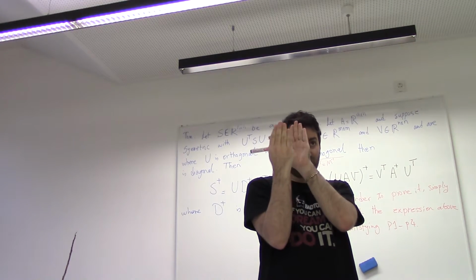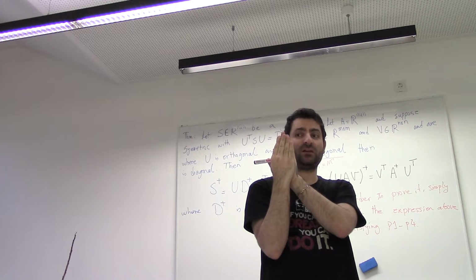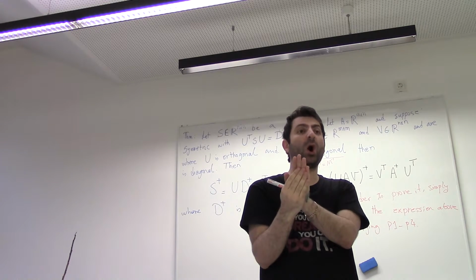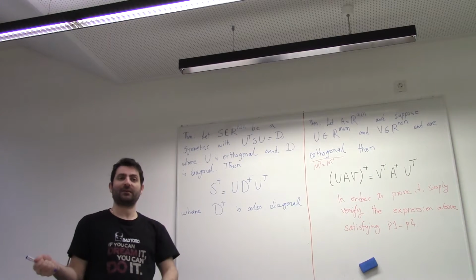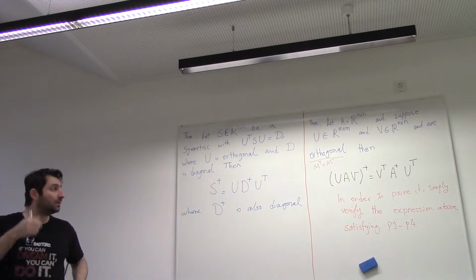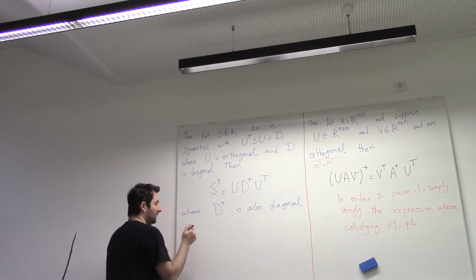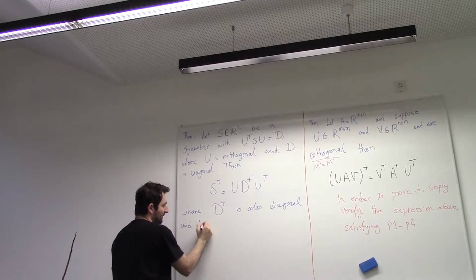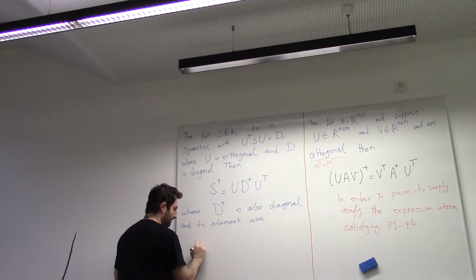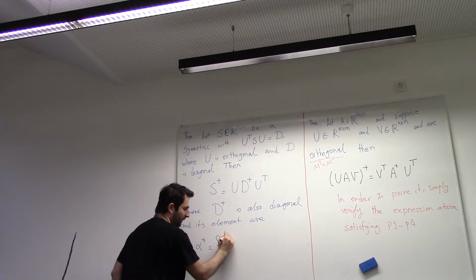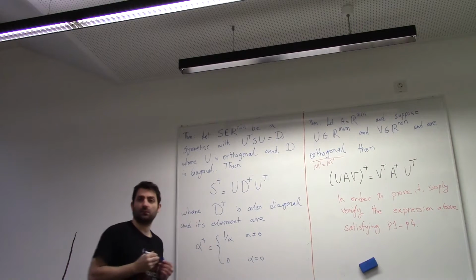So these main diagonal elements are multiplied to each other, which means they have to result in 1. Can you tell me how one number is multiplied by another number and results in 1? Inverse. Yeah, if they are inverses. So D+ is a diagonal matrix whose elements are alpha inverse, which is 1 over alpha if alpha is not 0, and it is 0 if alpha is equal to 0.